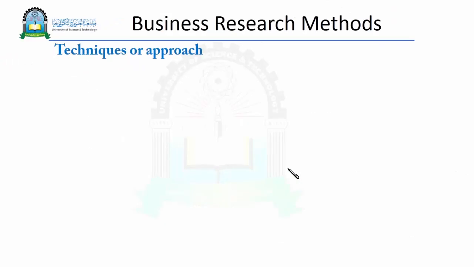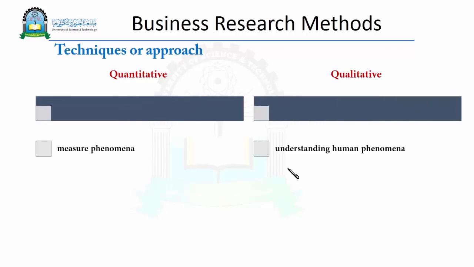So in terms of knowledge, even in terms of the way the organization is doing the work. The second classification is dependent on techniques and approach, the methodology. We have quantitative and we have the other type, which is qualitative. The quantitative is measuring the phenomena.